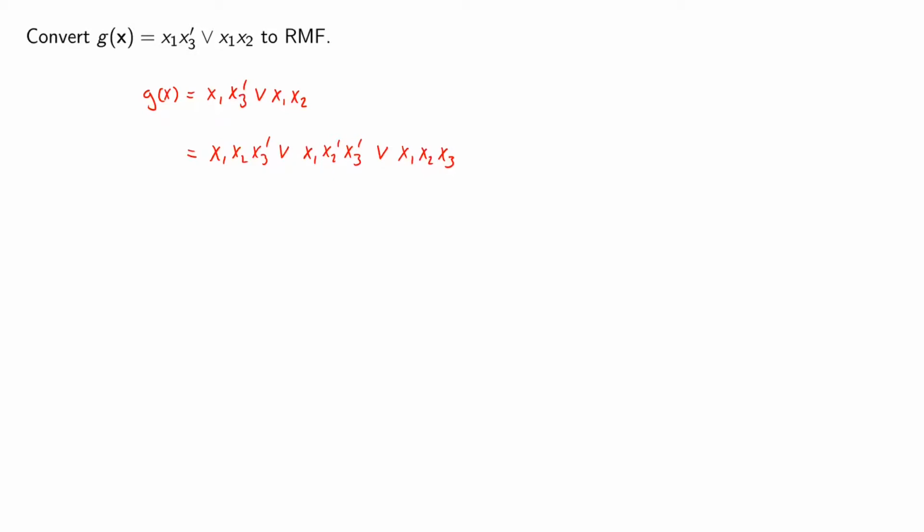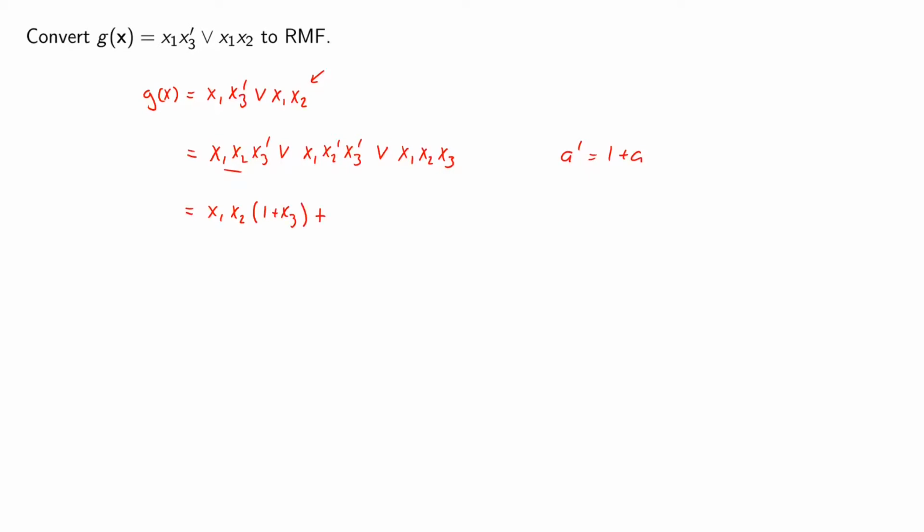And here from this one we also have x1 x2 x3 prime, but we have that one already here. So now we have the disjunctive normal form, so what we're going to use is the fact that a prime equals 1 plus a. So this can be written as x1 x2 and 1 plus x3.